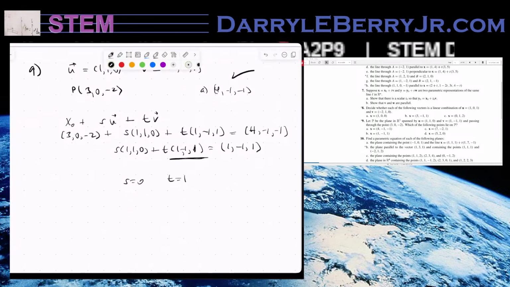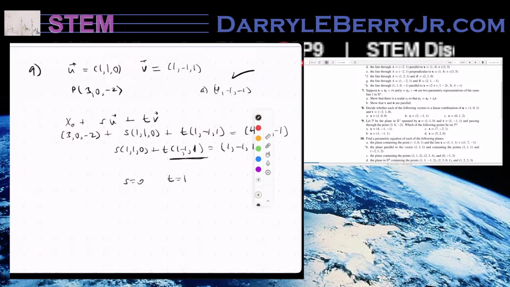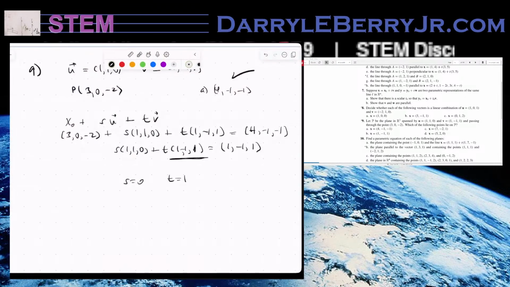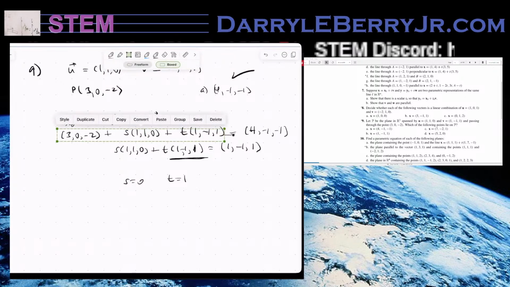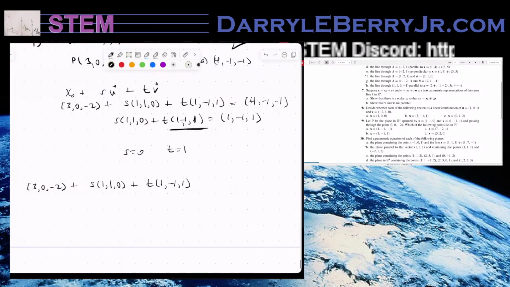So B is the same process, except now we change the point that we're doing. So I'm going to just copy this down. And B is (7, -2, 1).